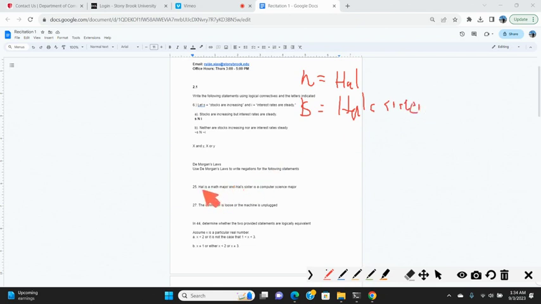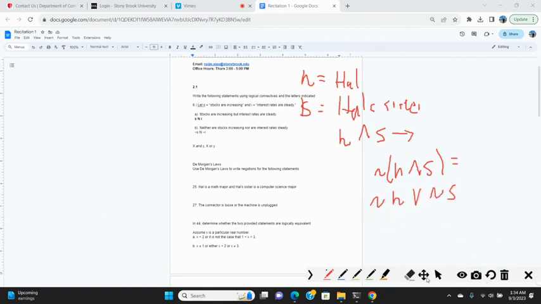So we know that the statement here is H and S. However, if we are to apply De Morgan's laws to the statement, then the negation of H and S is equal to the negation of H or the negation of S.